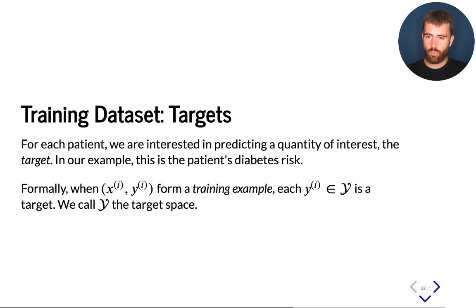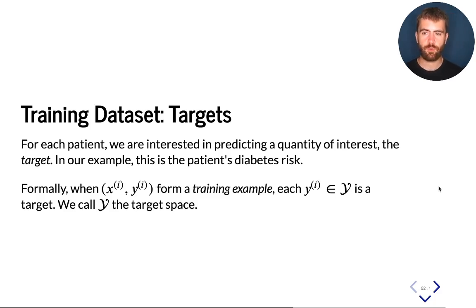So far we looked at what a data set is, and we looked in more detail at what an input object can look like, what an X can look like. Let's now talk a little bit more about what a Y is. Each Y, as I said earlier, is called a target, and they live in a set script Y, which we're going to be calling the target space.